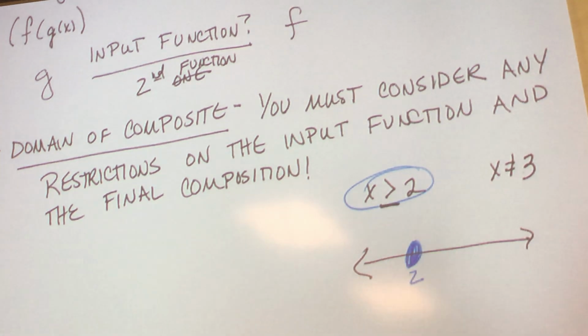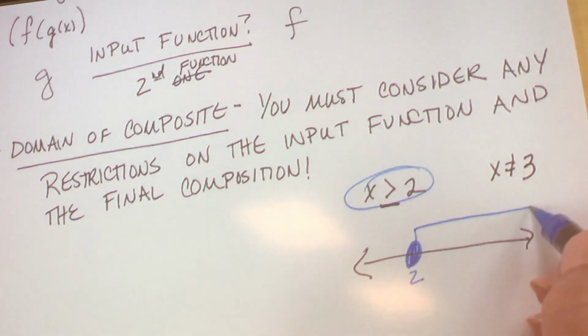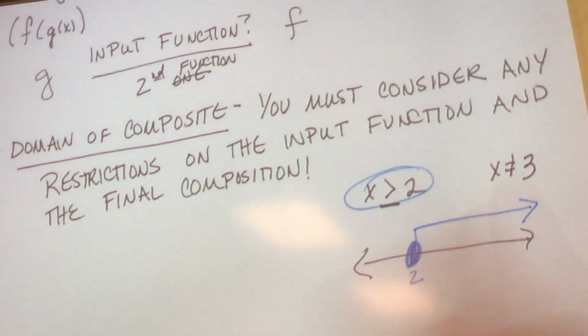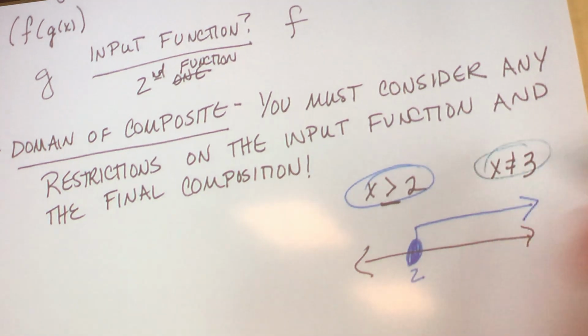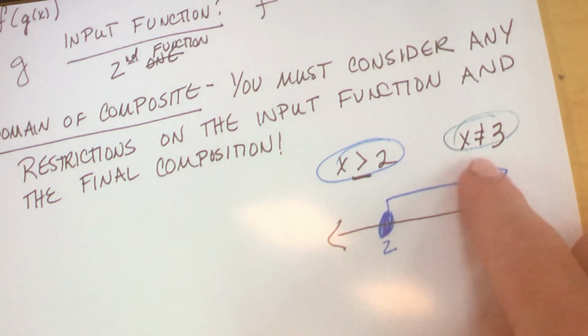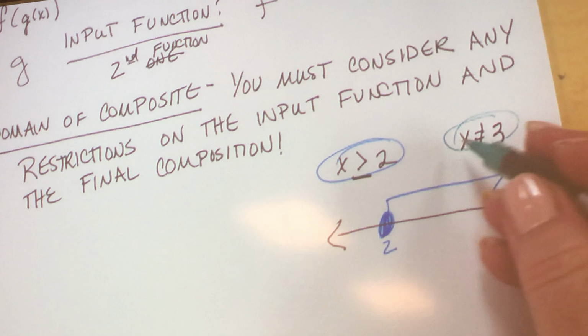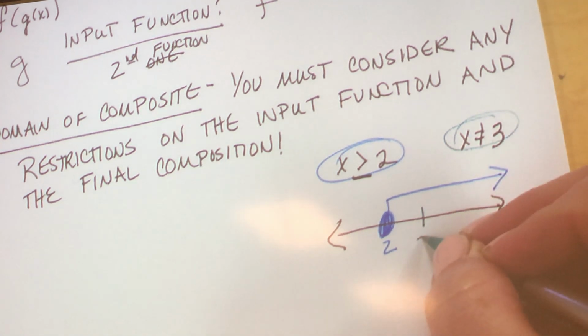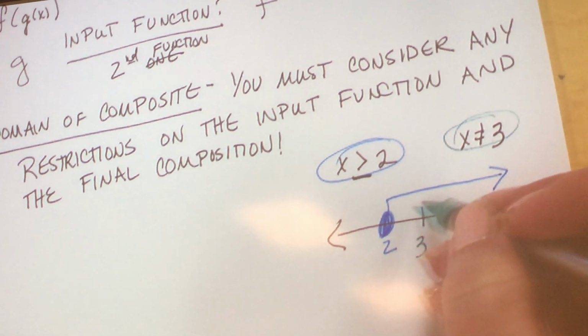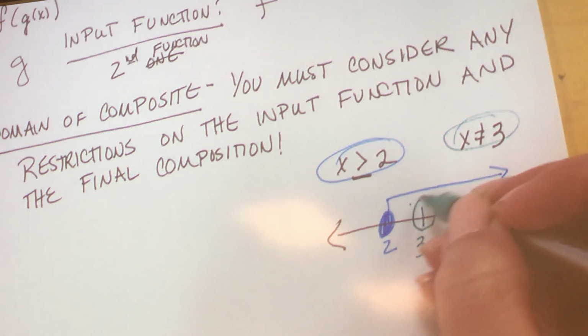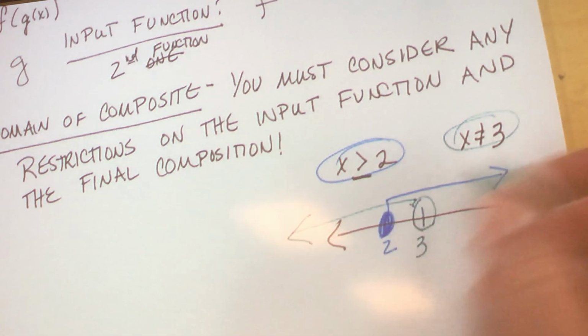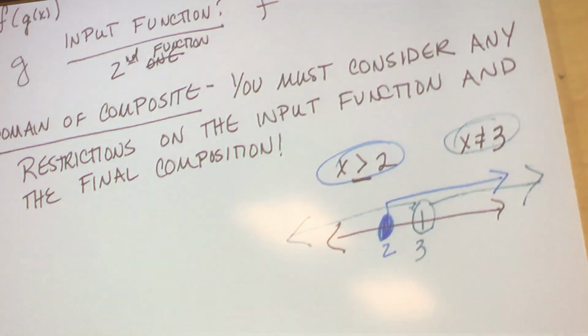Which way does greater than go? Right. To the right. Okay? This function, I'll call him the green function. Can you tell those are different colors? Yes? Okay, not really. So at 3, he can be anything. So he can't be 3, but he could go all the way this way and all the way that way.